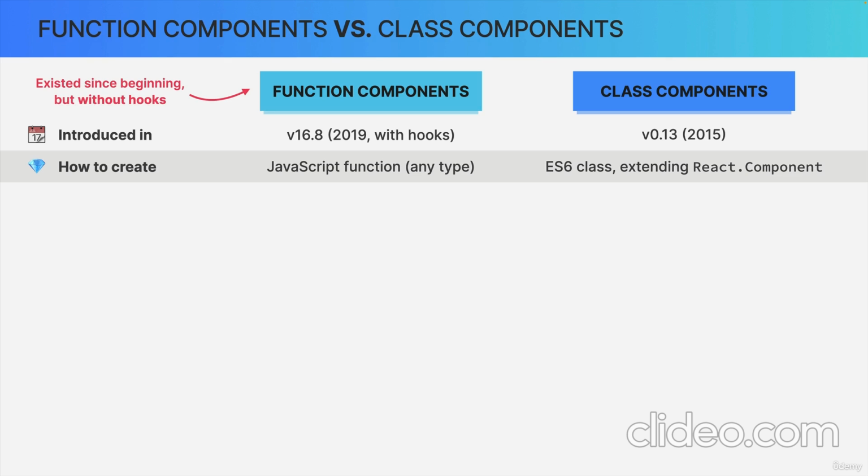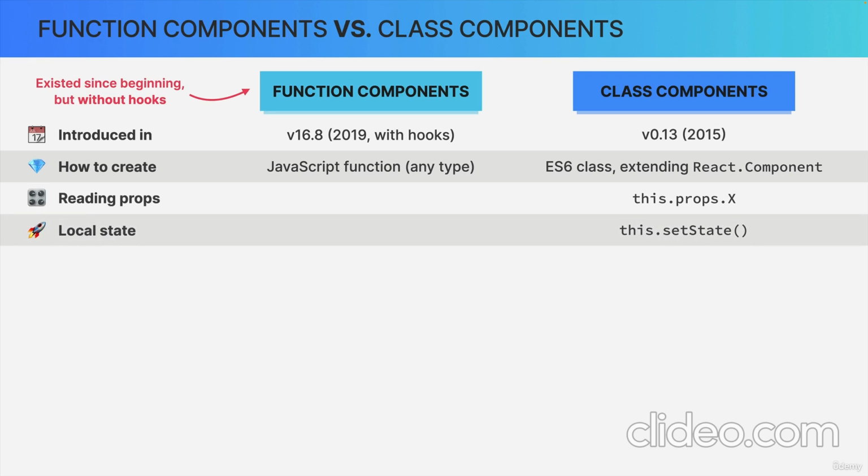So when we're using class components, we're actually using object-oriented programming principles, like having to use the this keyword to read incoming props and to define local component state, which can become a bit annoying over time. With function components, on the other hand, these things are much easier. So to read props, all we have to do is to use the received props object, and to define local state, we can use the useState hook.